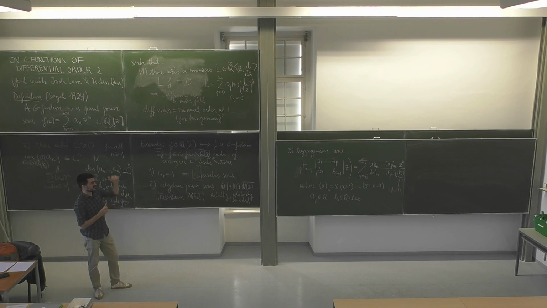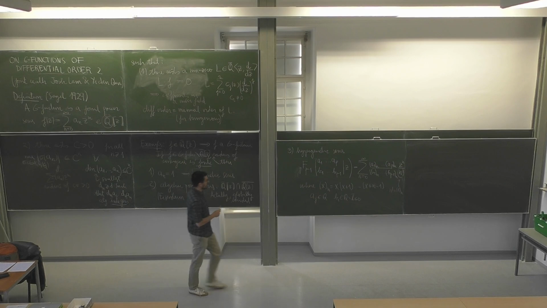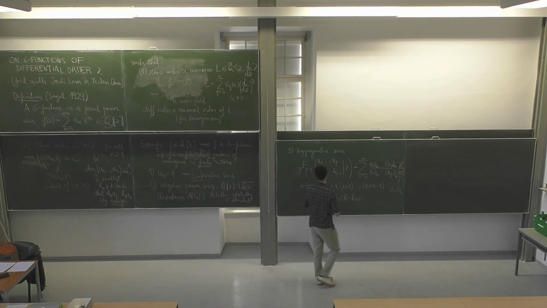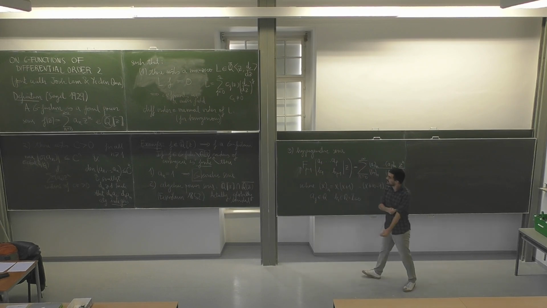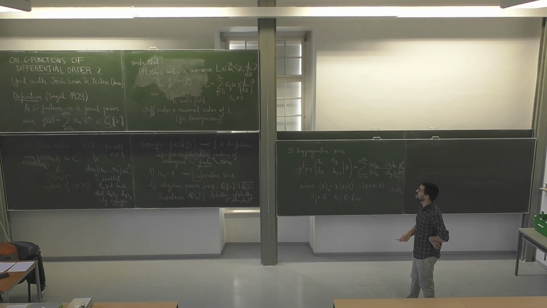So you can write this as a quotient of two polynomials. The important condition to be a G function is that these two polynomials have the same degree, and this degree is p. So this is a recurrence relation for the coefficients, very simple. From this, you get the differential equation.